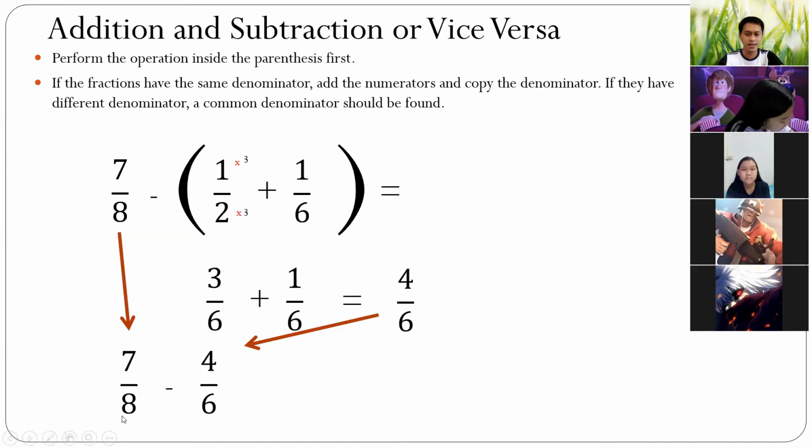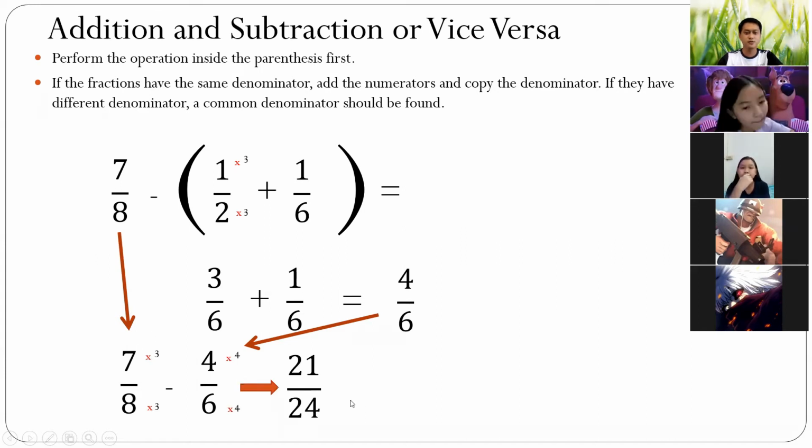What is the common denominator of 8 and 6? 24. So what will we multiply with 7/8 to get a denominator of 24? 3. And how about 4/6? 4. Okay.